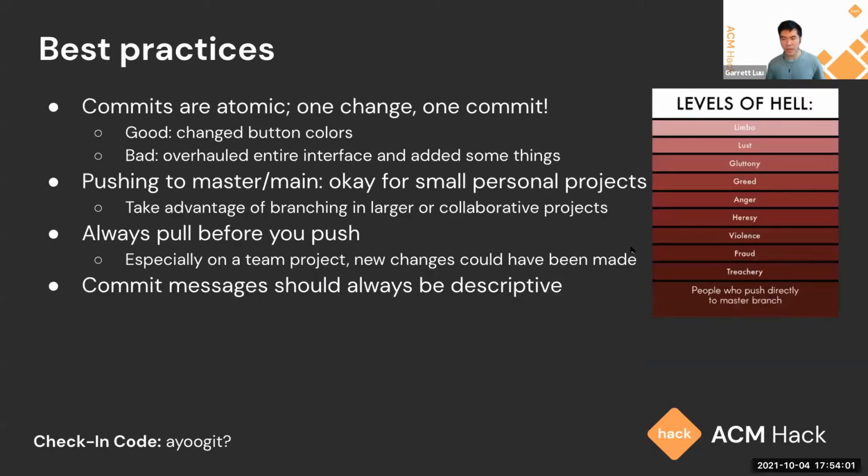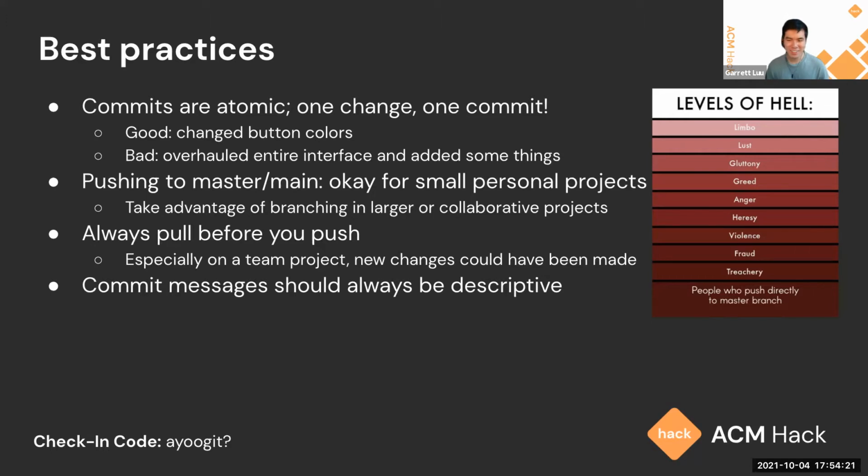Right, and then lastly, I'll just be going over some best practices when it comes to Git and what you should do. So first of all, commits are atomic. So one change, one commit. This is the sort of ideal here, the platonic ideal you should be striving for, right?